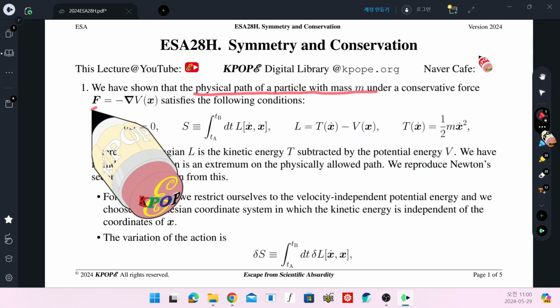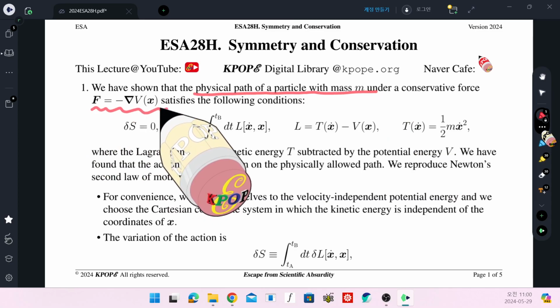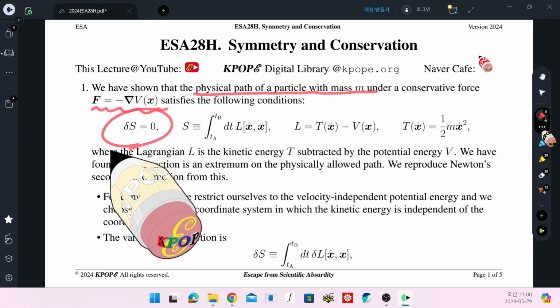force, that is described by the potential energy minus the gradient of the corresponding potential energy, is delta S equals 0.